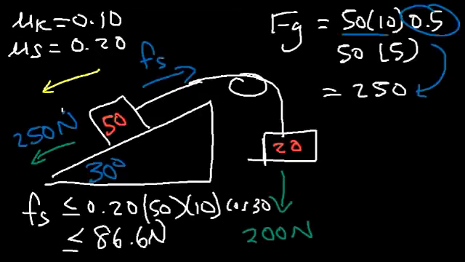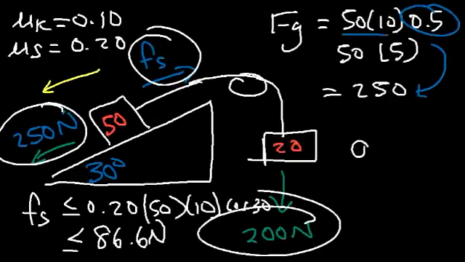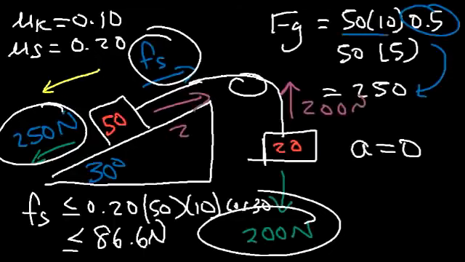So notice that this force is not enough to overcome static friction and the weight force. So once again, the system is at rest and the acceleration is 0, which means that this tension force is 200 and the tension force here is also 200.